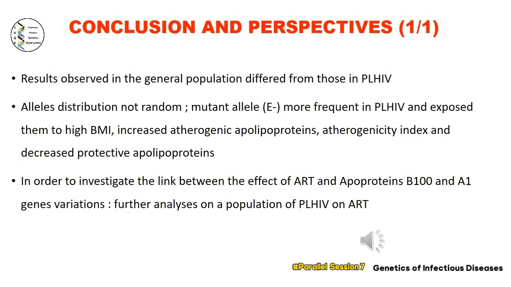As perspective, in order to investigate the link between the effect of ART treatment and apolipoprotein B100 and A1 gene variation, we are considering doing analysis on a population of persons living with HIV on ART treatment.